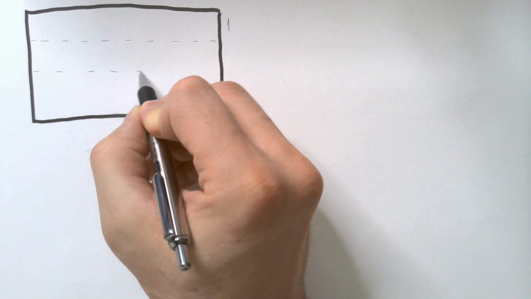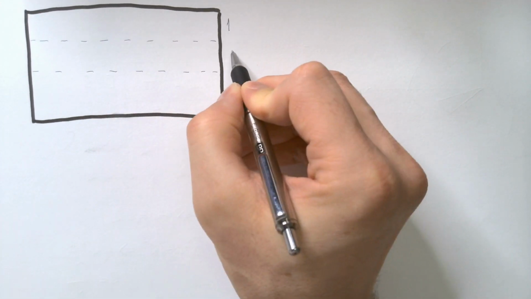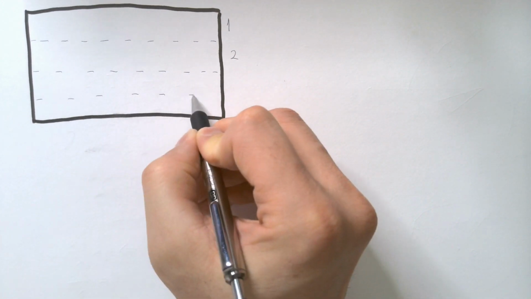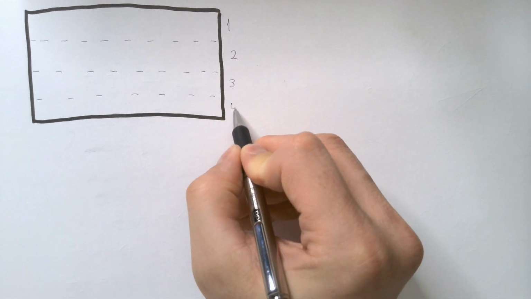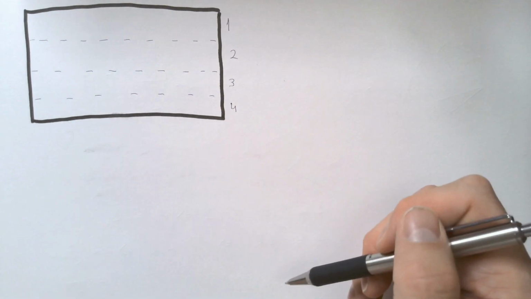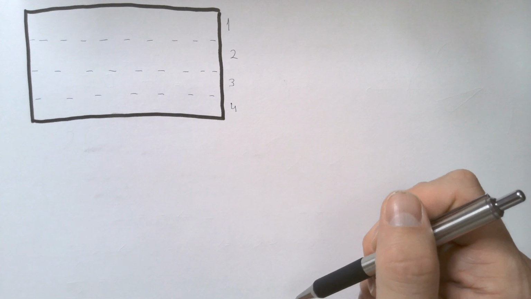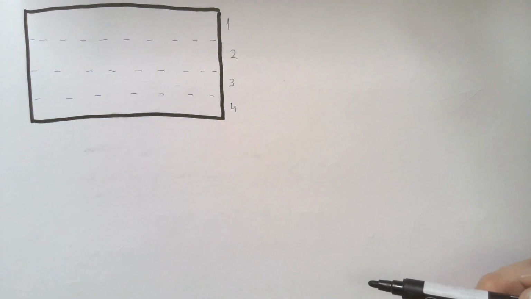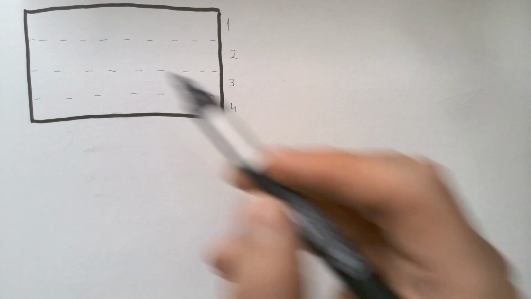Here we will have layer number 2. And here we have layer number 3 and layer number 4. And imagine that the width of these layers is the same, despite the fact it might not be the case in my figure. Now, I will add 20 particles in each of these layers.